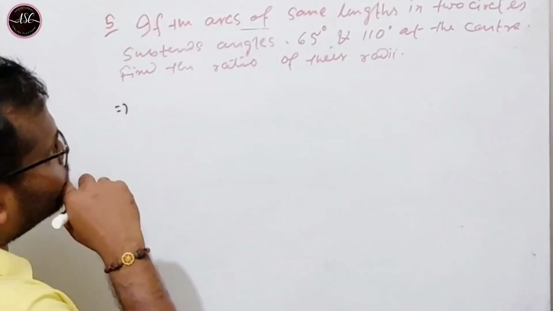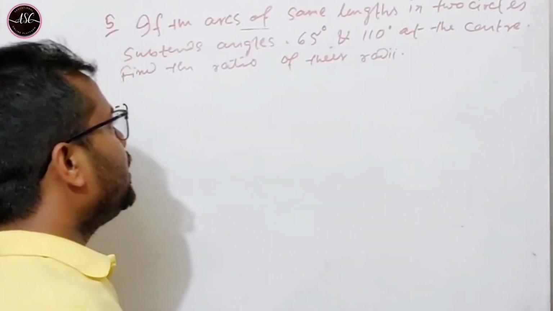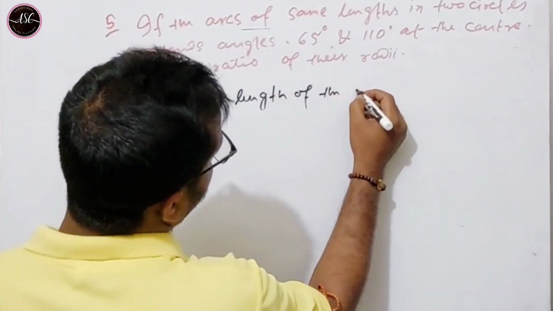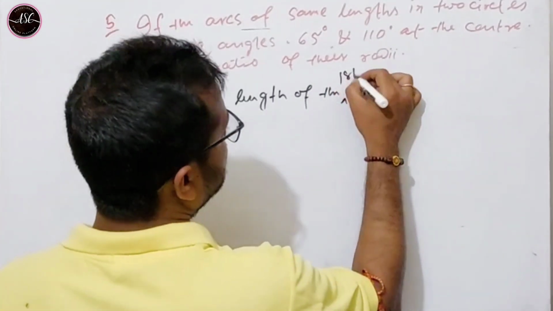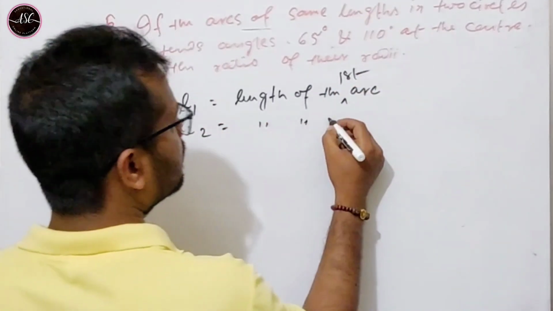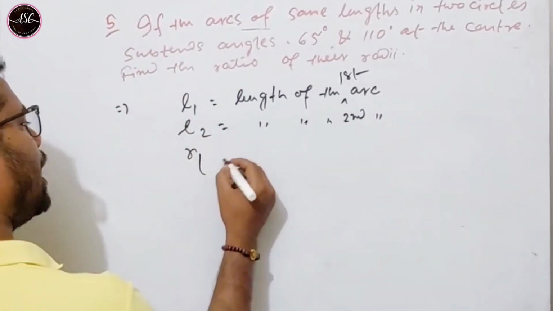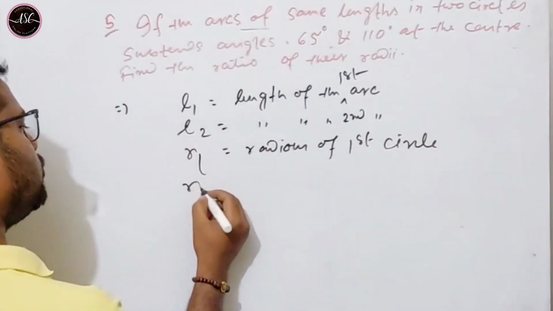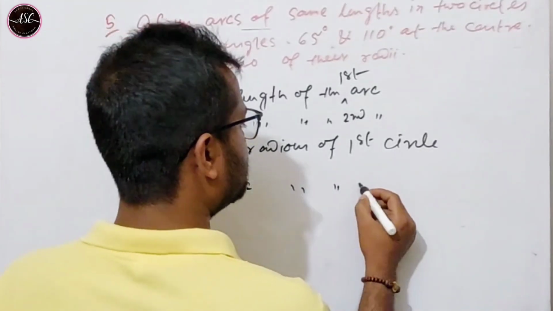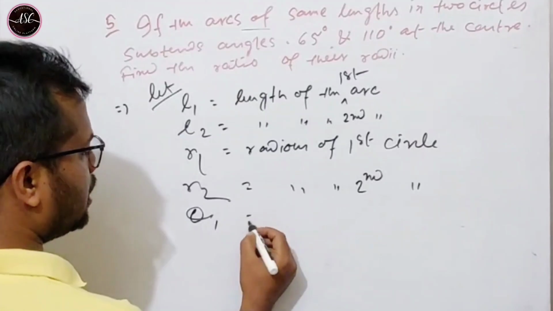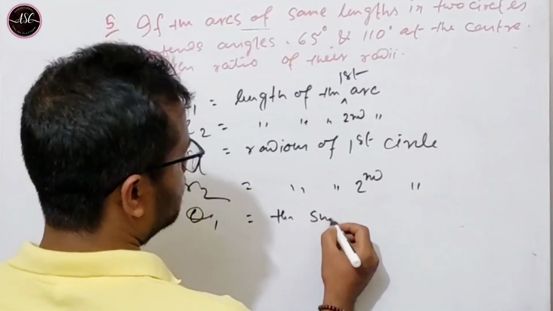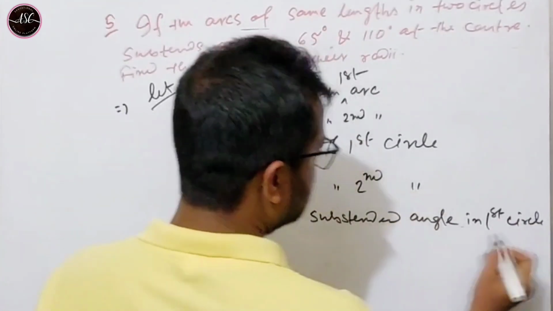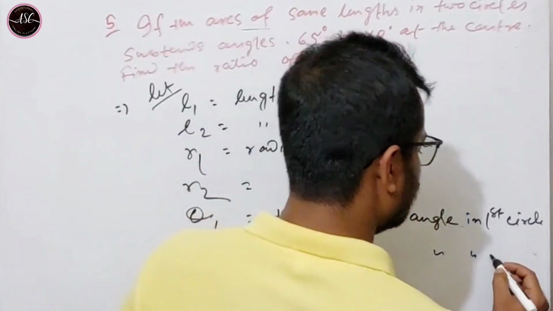So let L1 equal to length of the first arc, L2 equal to length of the second arc, R1 equal to radius of first circle, R2 equal to radius of second circle, theta 1 equal to the subtended angle in first circle, and theta 2 equal to the subtended angle in second circle.